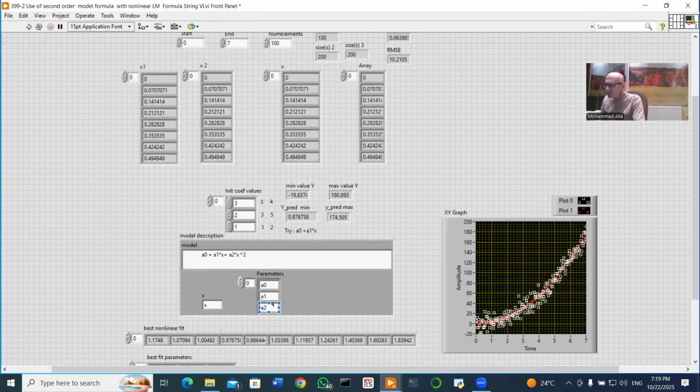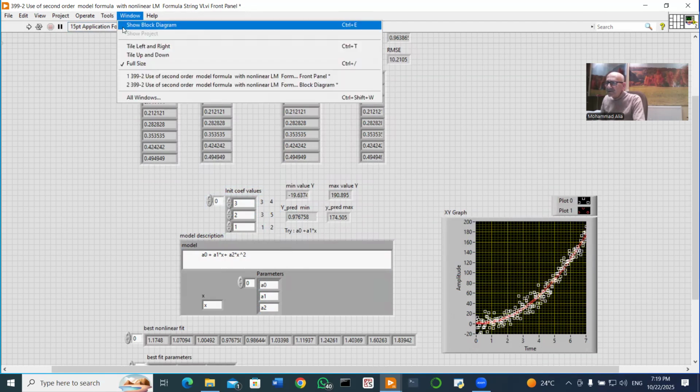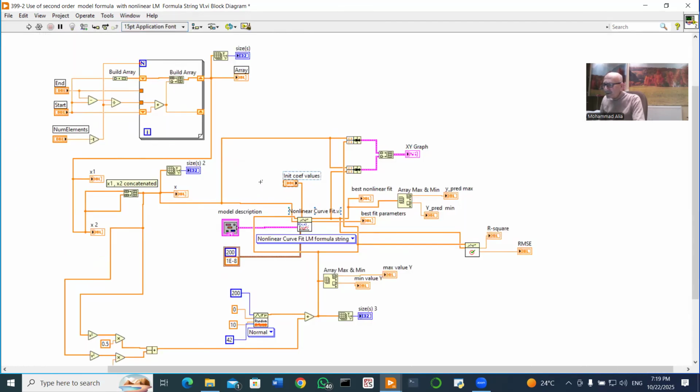Now I have also established a way to compare the predicted Y at the output with the Y at the input of the function, to get the R squared value and the RMS values.